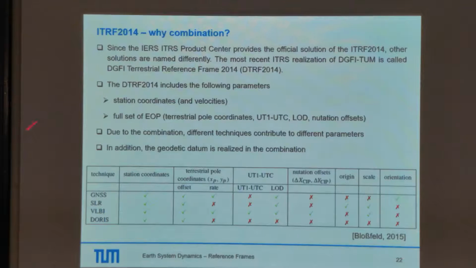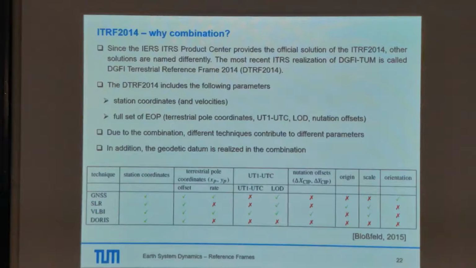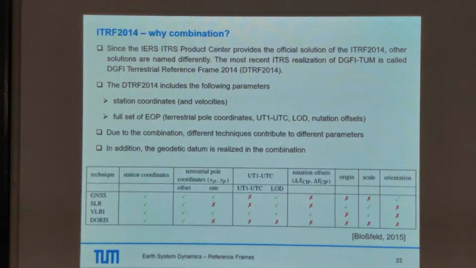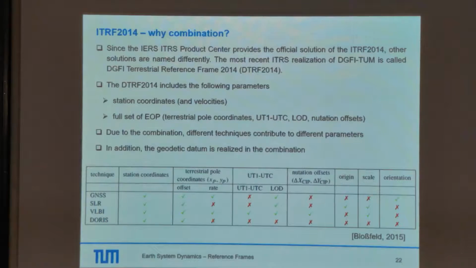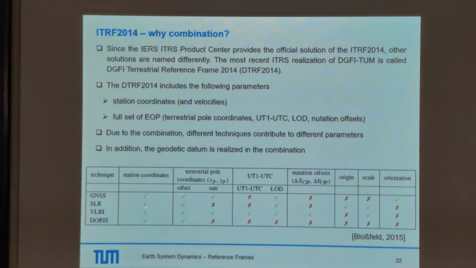What you see here in this table are the different techniques. Then you have different parameters. And at the very end, you also have the 3 datum categories, or the 7 datum parameters we have to realize. For sure, all the techniques can contribute to station coordinates, because you have a reference point for each of the instruments, so you can use these observations to determine station coordinates. Then there are the EOPs, and we learned that VLBI can contribute to all the EOPs, and that's exactly what you see here.